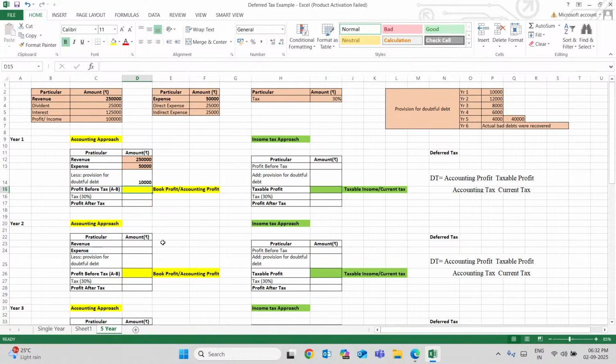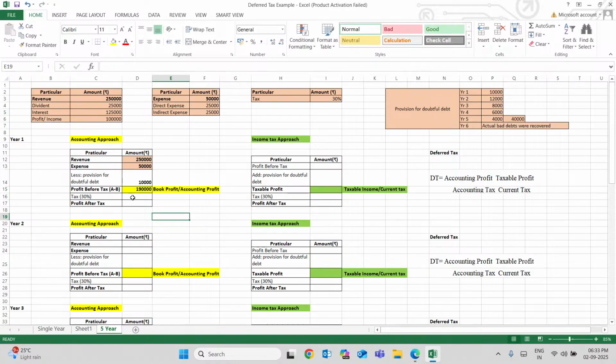Now what will be our profit before tax? So our profit before tax will be this minus 50,000. We will put minus 10,000. Right, that means we have a profit before tax of 1,90,000.